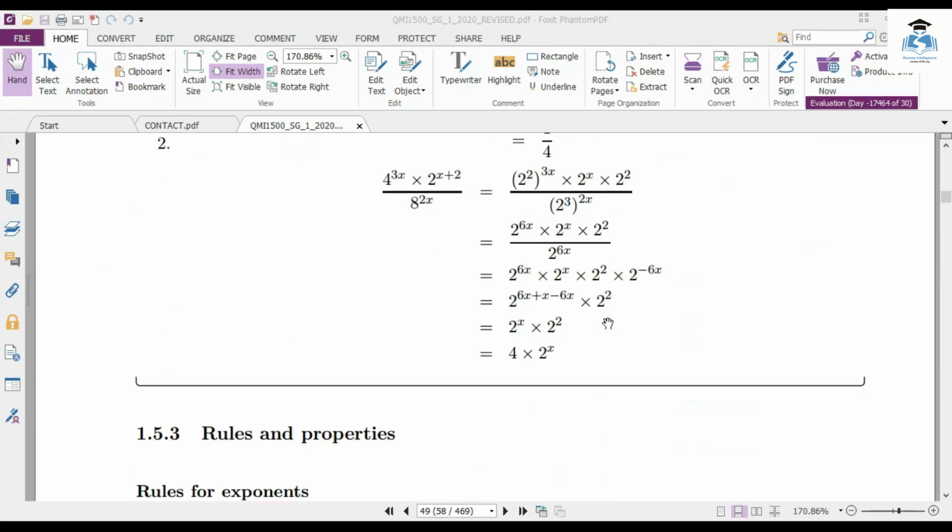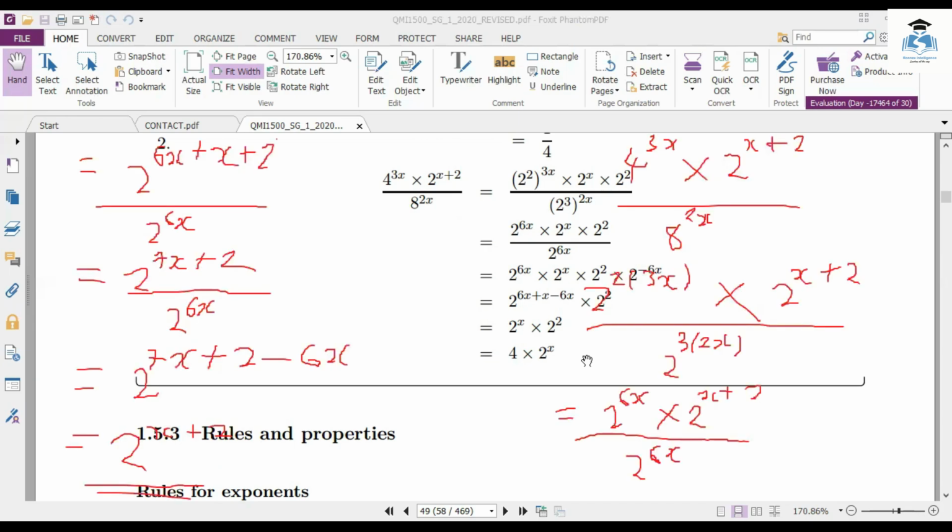Oh, this one they reduced it. I wanted to reduce it again to 2 to the power 2. This one they reduced it to 4 times 2 to the power x.